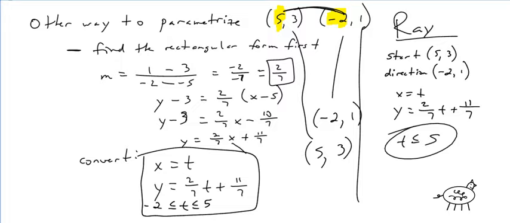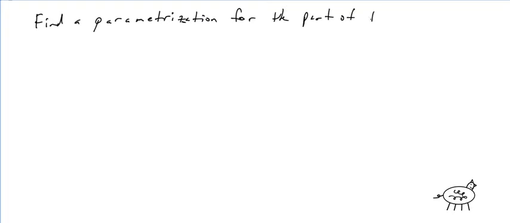Let's try a couple more examples here. All right, so the next one is: find a parameterization for the part of the graph that lies in quadrant 1.